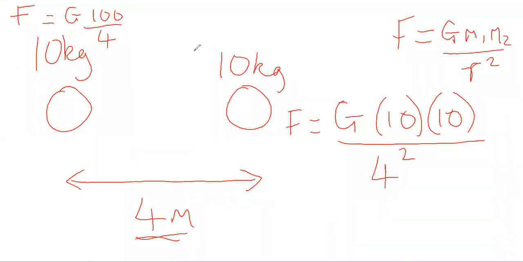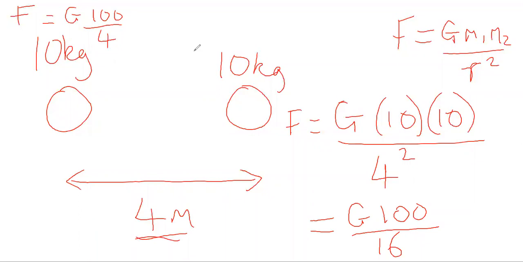How does that affect our overall force? Well, keeping the masses the same, we've still got 100 G, the 10 times 10. Now it's divided by 4 squared, which is 16. So if we look, 100 divided by 4, 100 divided by 16, what's the change? That's a quarter as much. So if we double the distance, we decrease the force by 4 times.